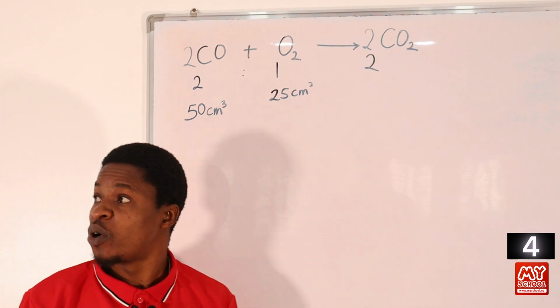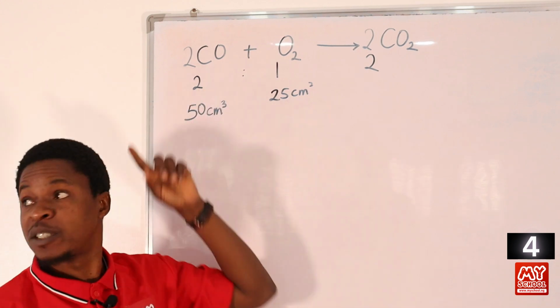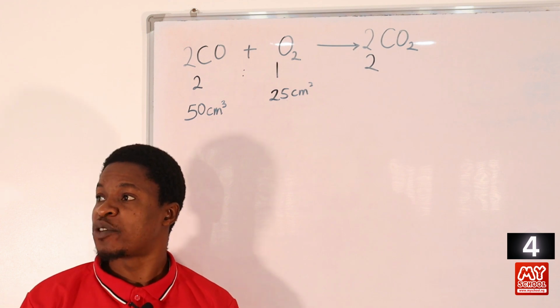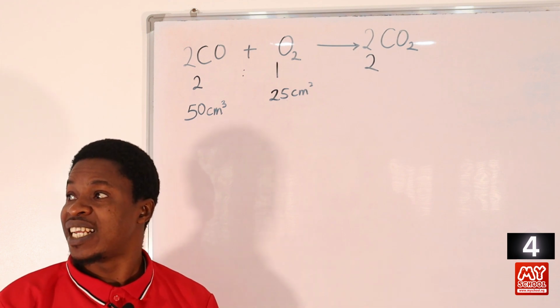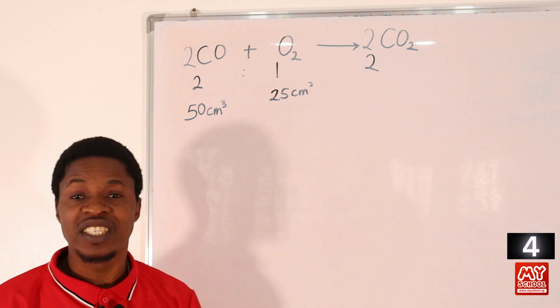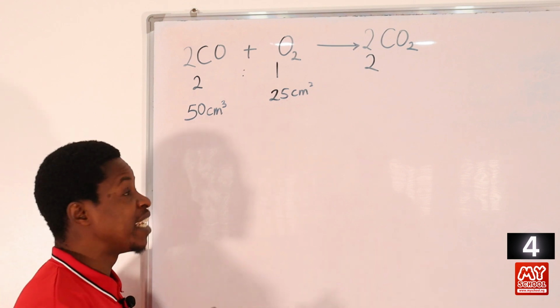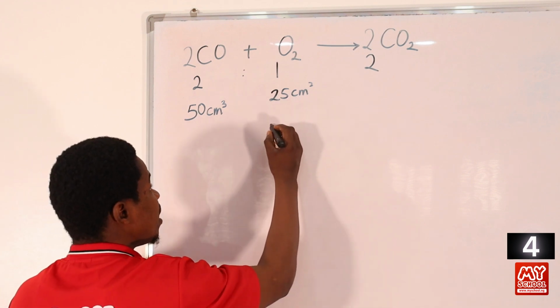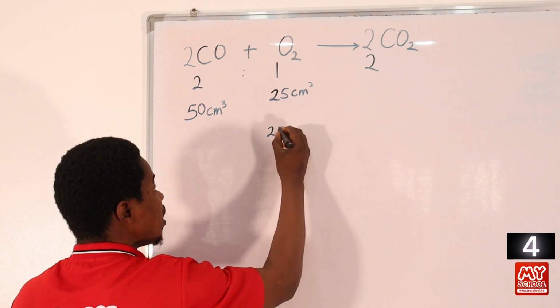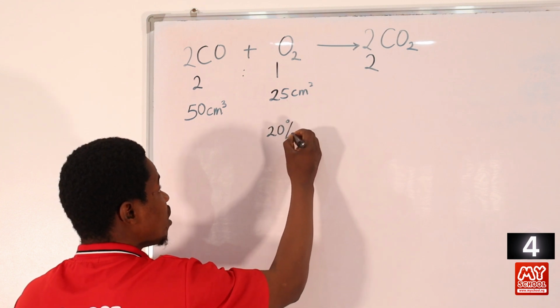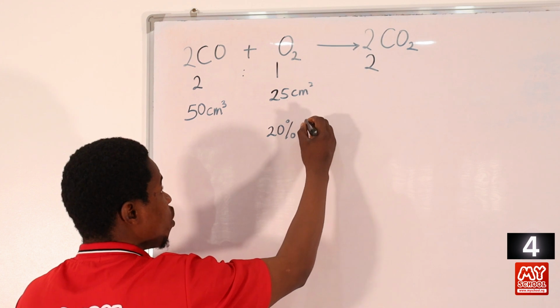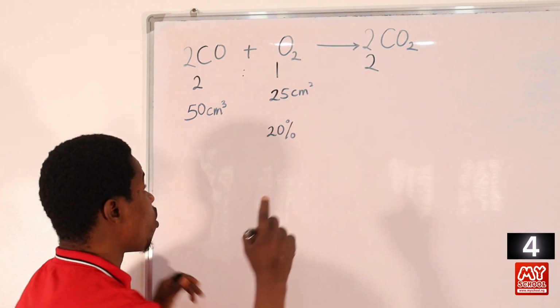Then we were told again that this was exploded with 150 cm cube of air containing 20% oxygen by volume. So we should calculate 20% oxygen by volume, and the volume was 150 cm cube of air.